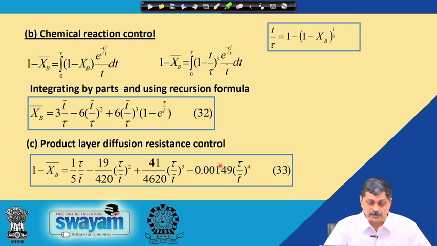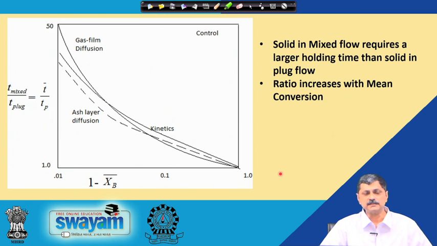And if it is product layer diffusion control, then again the 1 minus x b bar is expressed by equation 33. And when we find the holding time required to achieve the same conversion for mixed flow to the plug flow, we find this ratio is always greater than 1, and this ratio increases with conversion.